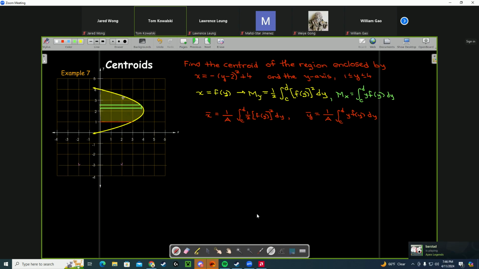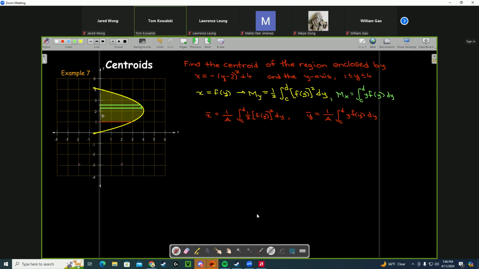Once I've got that rectangle and I'm trying to think about what the moment about the y-axis would be, let me just think about the moment of this one rectangle. It would be the area of the rectangle, so delta y times the x coordinate.